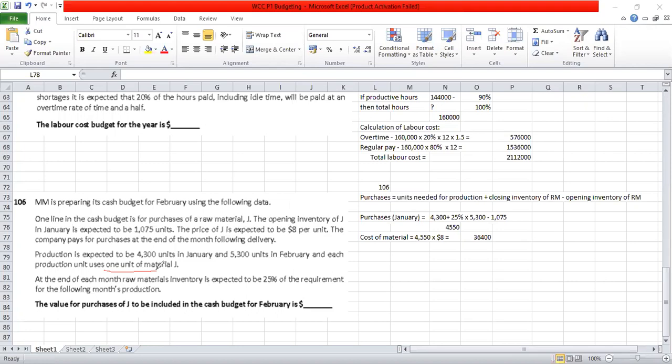The sentence should have been: the company pays for purchases at the end of the month following delivery.